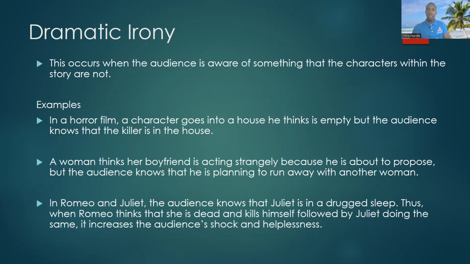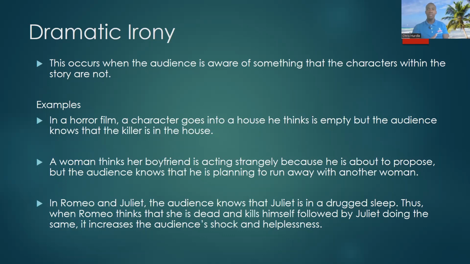So Juliet is actually asleep, right? But Romeo sees her and thinks that she's dead. And he kills himself, right? But then Juliet wakes up and realizes he's dead and she kills herself, right? But the thing is, Romeo does not know that she's actually asleep, right?